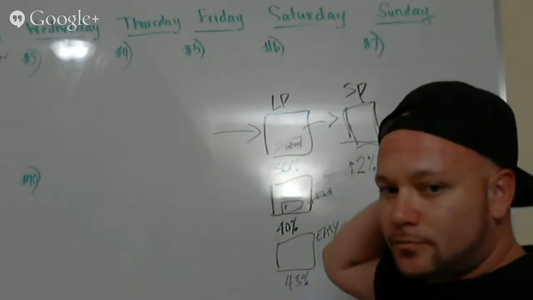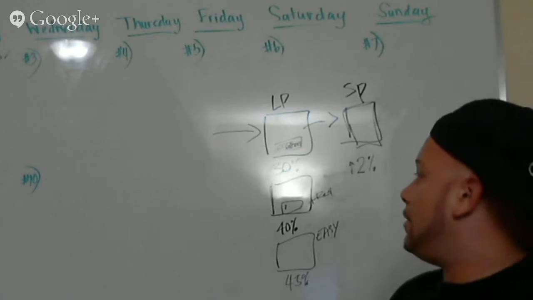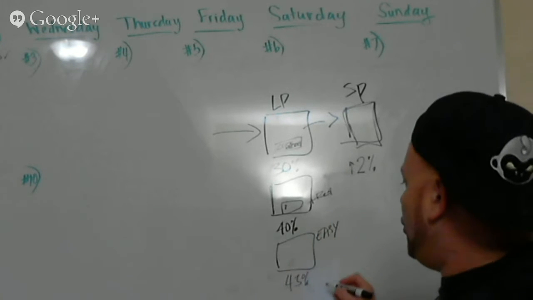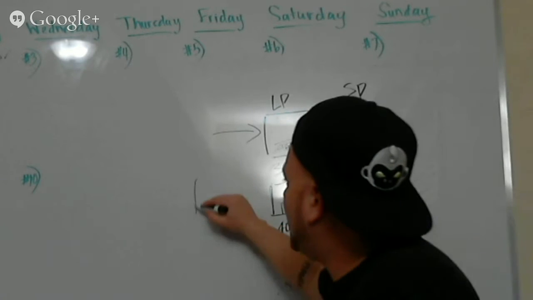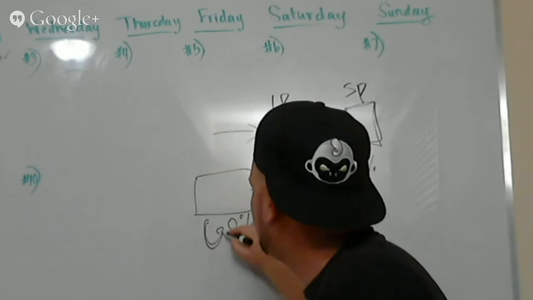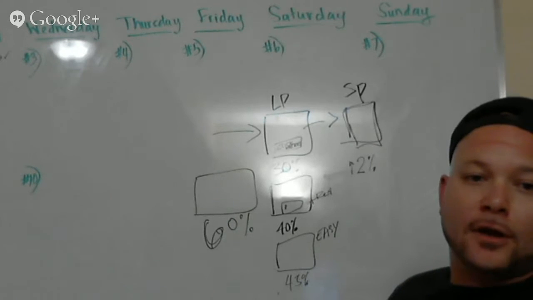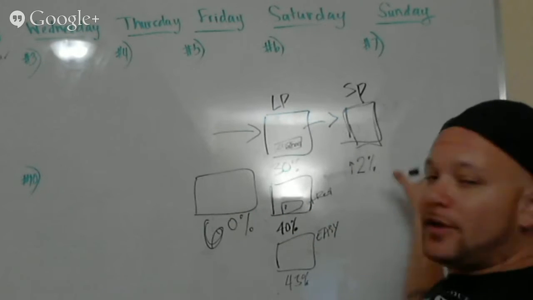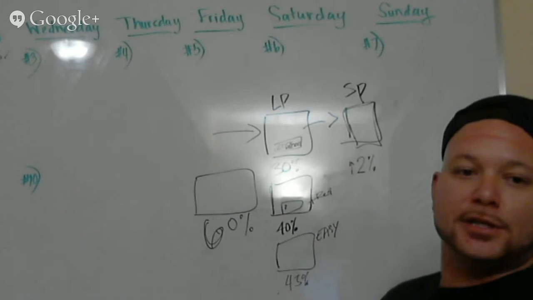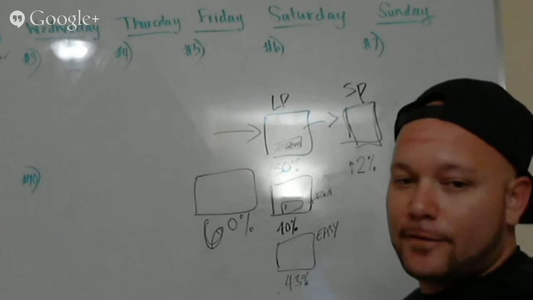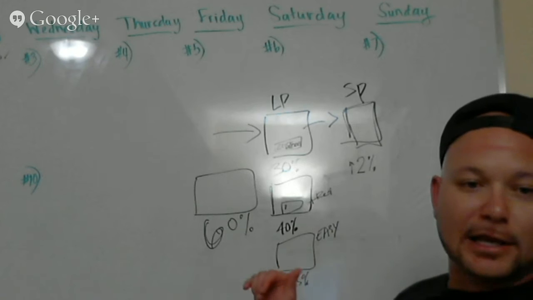And what will eventually happen is we can get, over time, with little tweaks here and there, we can eventually get ourselves a final page that's now converting at 60%. If we're getting twice as many leads going through the funnel, everything else being the same, we basically just doubled our income. Okay, so that's the value of split testing landing pages.